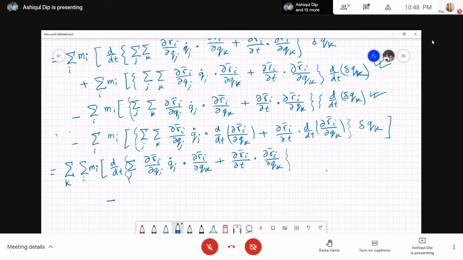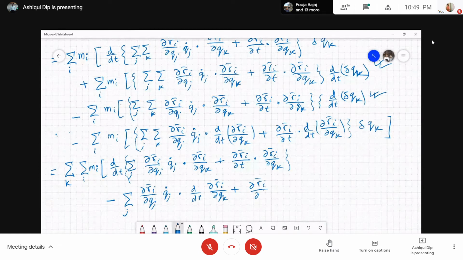Then we need to write sum over j delta ri by delta qj dot ddt of delta ri by delta qk plus then we have delta ri by delta t dot ddt of delta ri by delta qk.